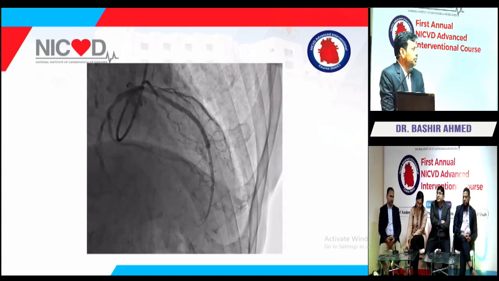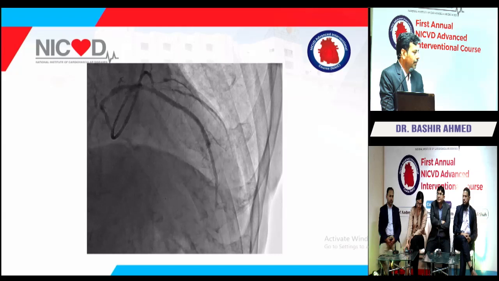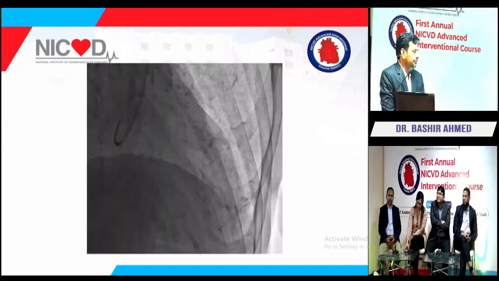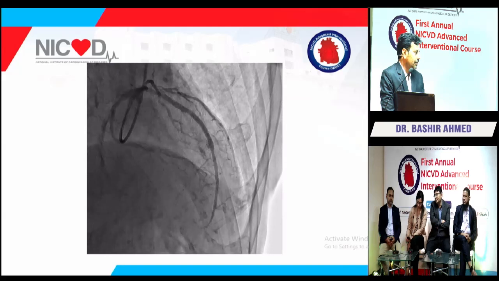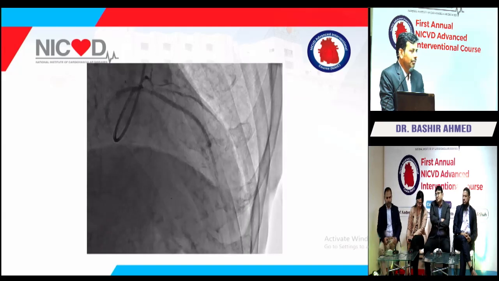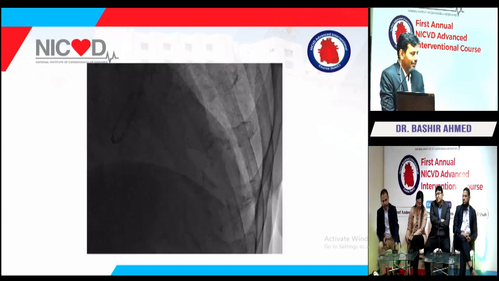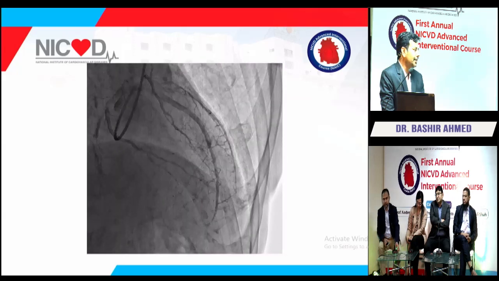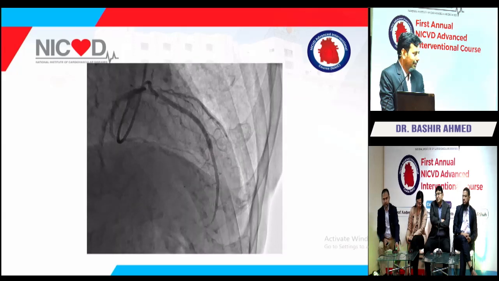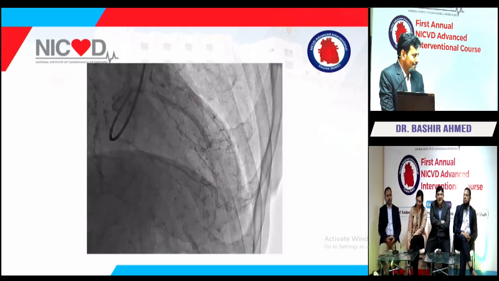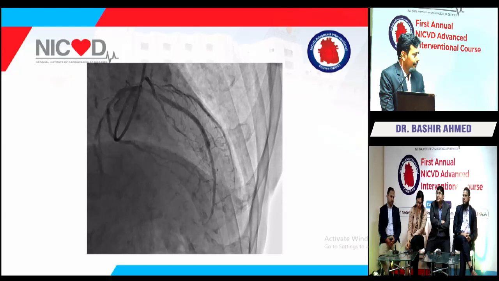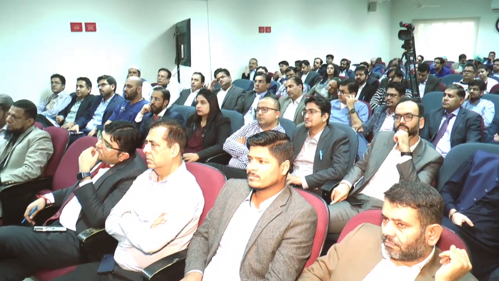My question would be for Dr. Nauman: what are the approaches and techniques to be used in a case of CTO? I'm talking about CTO of 3 months or more, not recent occlusion. Of course, the definition of CTO is more than 3 months with TIMI zero flow.